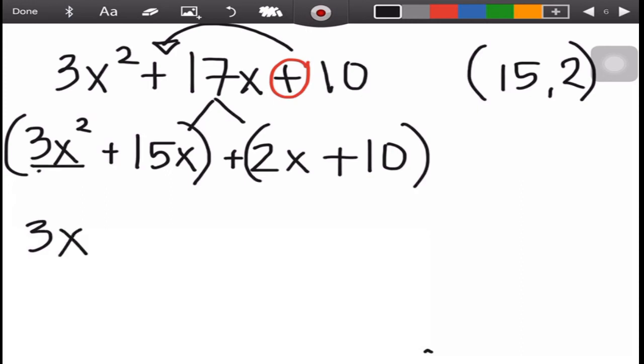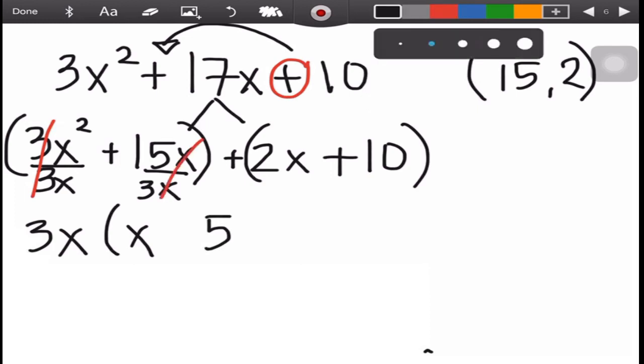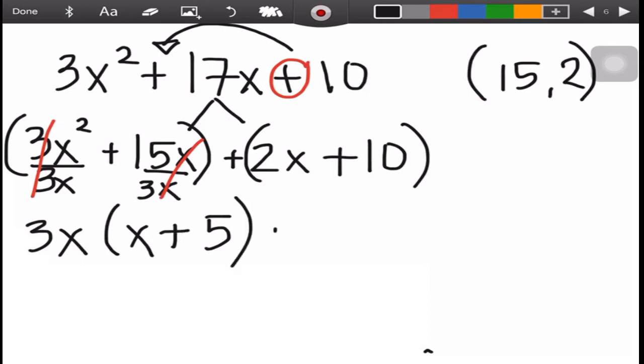And then divide both by 3x. 3 divided by 3, that is 1. And then x squared divided by x, that is x. 15 divided by 3 is 5. And then x divided by x, that will become 1. And then copy the sign. And then what number can divide 2x and 10? So they can be divided by 2. So divide by 2.